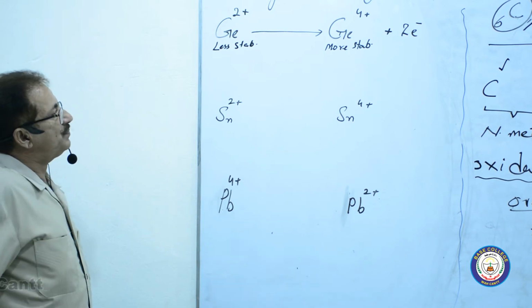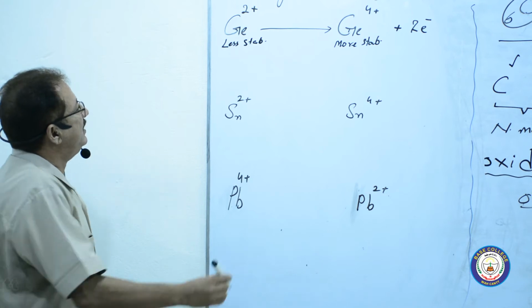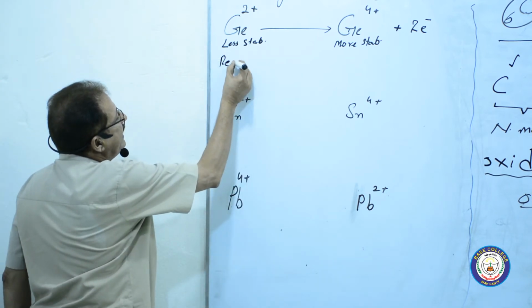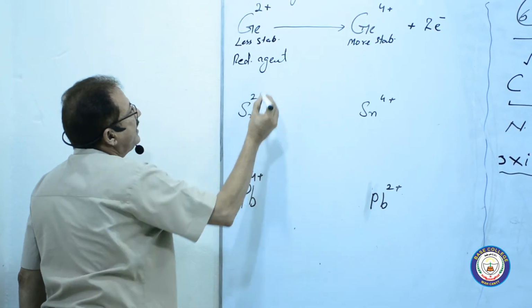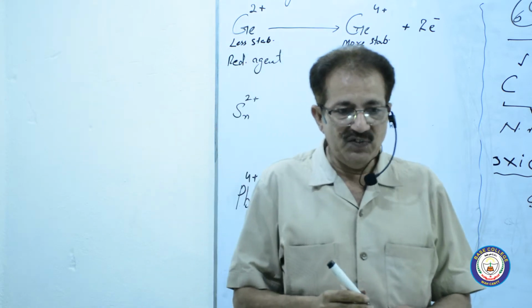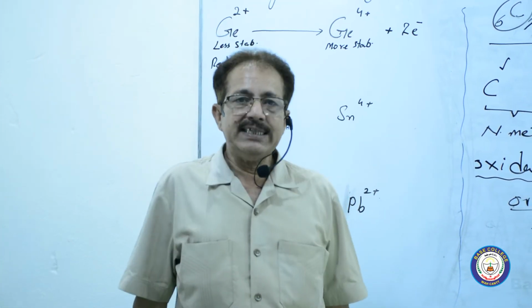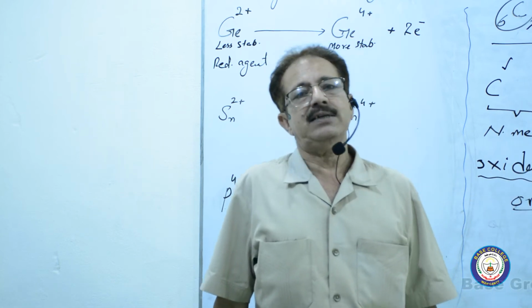So it is giving 2 electrons to something else. That's why it is a reducing agent. A reducing agent in fact gives its electrons to any other species which requires the electrons.